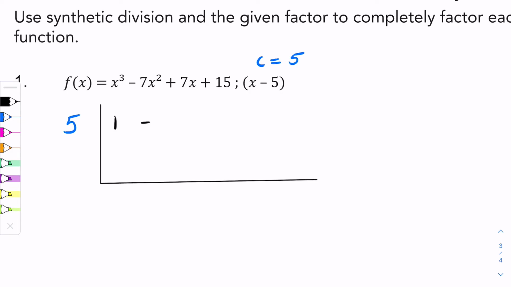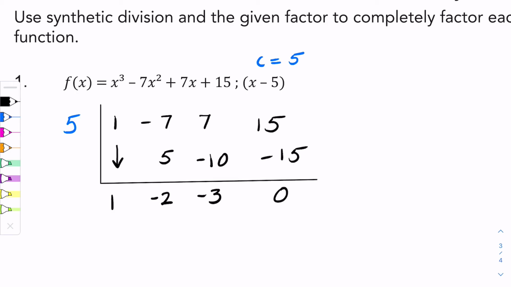To complete the synthetic division, bring down your coefficients. We have 1, -7, 7, 15. 1 times 5 is 5, plus -7 is -2, times 5 is -10, plus 7 is -3, times 5 is -15, and 0. So yes, we have a factor. That's telling us that this here is what's left over.